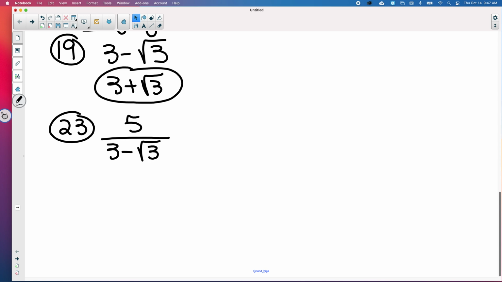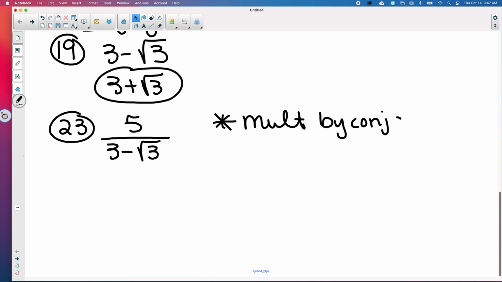You have to do the conjugate. All right, so you have to multiply top and bottom by the conjugate. It's the only way to simplify that. So the conjugate here is, we already said 3 plus radical 3.